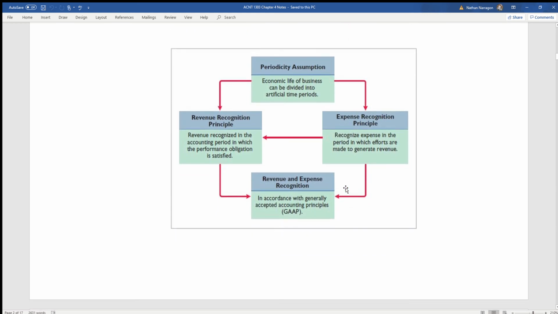We take the time period assumption, we apply it to the revenue recognition principle and expense recognition principle, and expenses have to be recognized with revenue, and we follow according to GAAP. We've already talked about GAAP in a previous chapter.